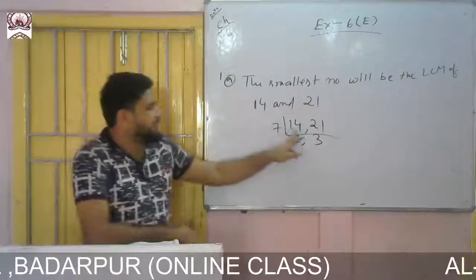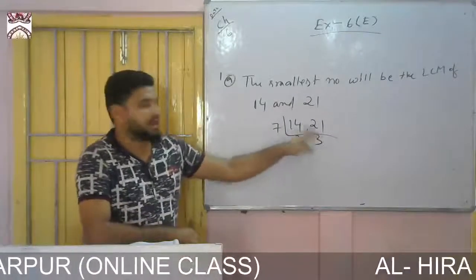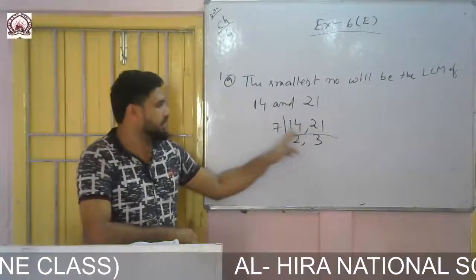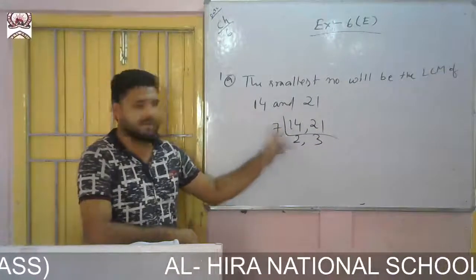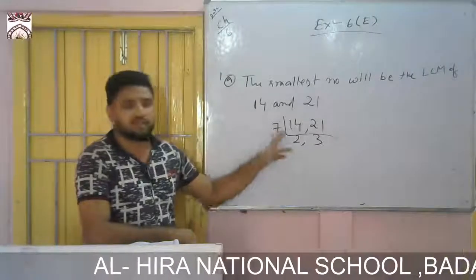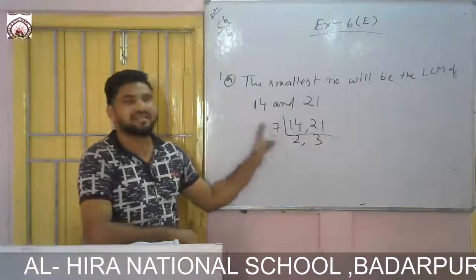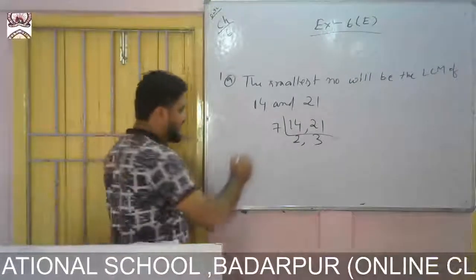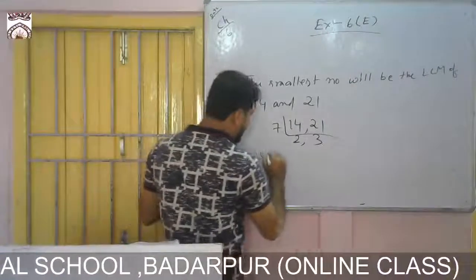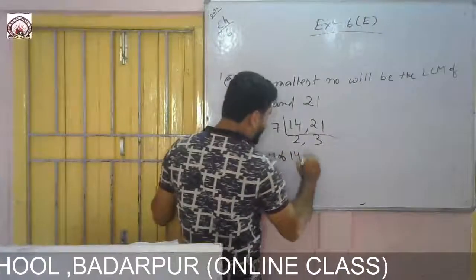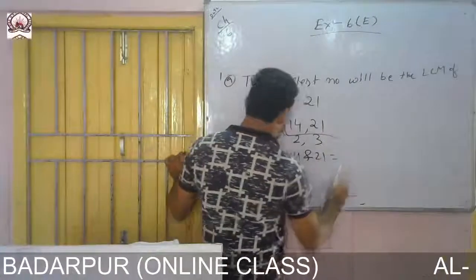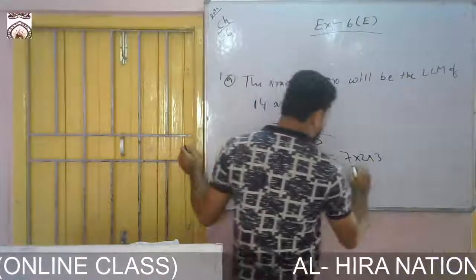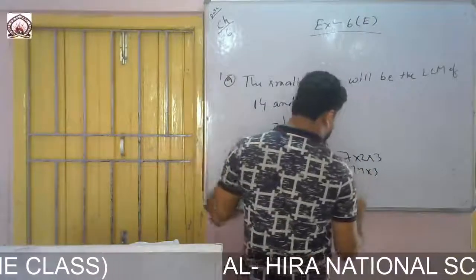With 2 I can divide 14 but not 21, with 3 I can divide 21 but not 14, with 4, 5 and 6 also not possible, so only with 7. Therefore LCM of 14 and 21 equals 7 into 2 into 3.